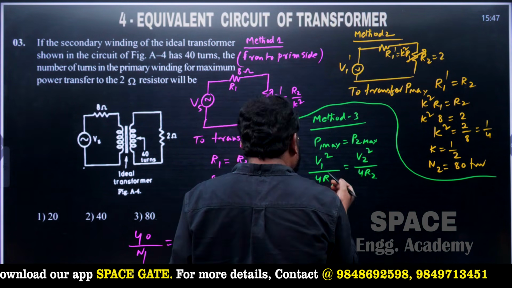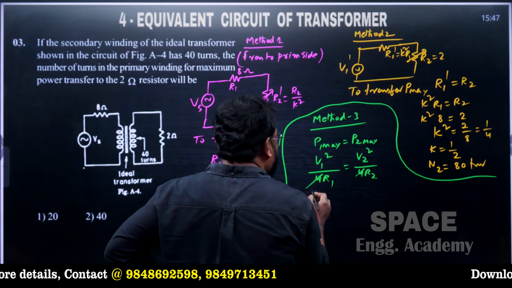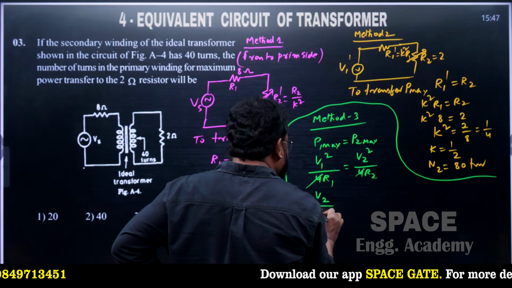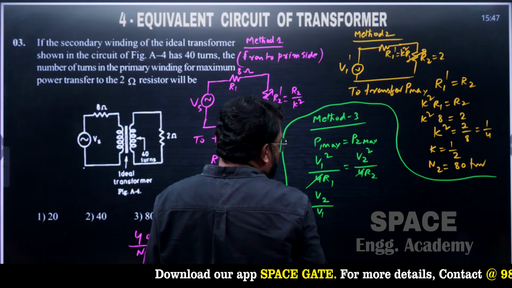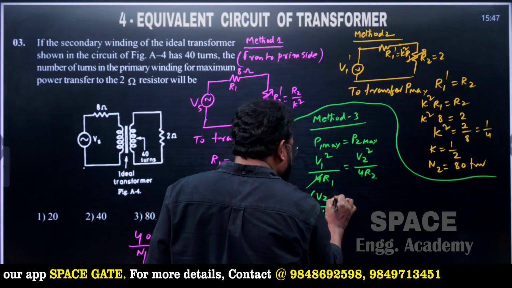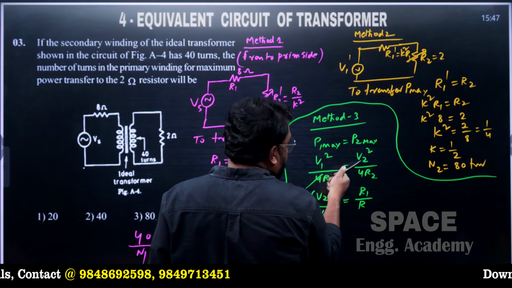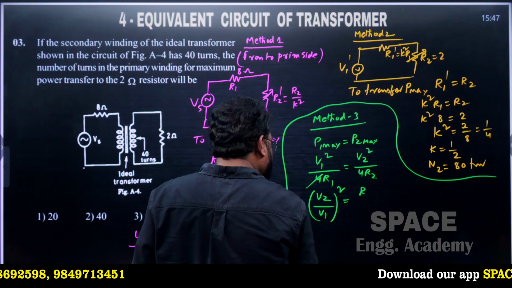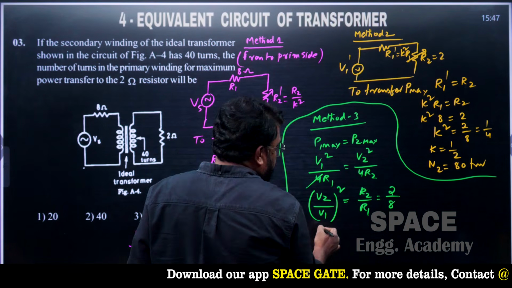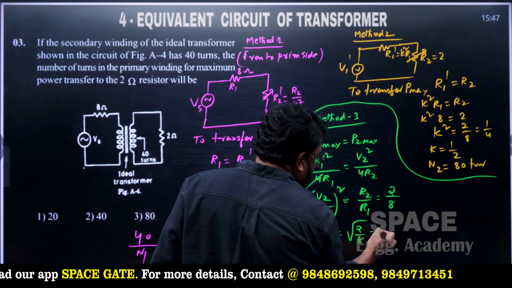Here V1 square and the 4 cancel. The remaining terms give V2 by V1 whole square is equal to R2 by R1, that is 2 by 8. Now V2 by V1 is equal to K, so K is the square root of 2 by 8, which is equal to 1 by 2.